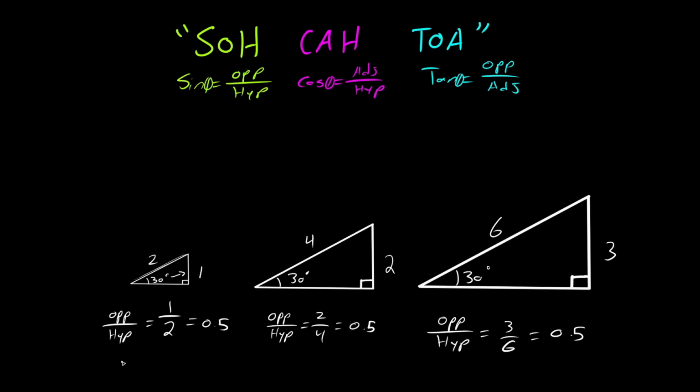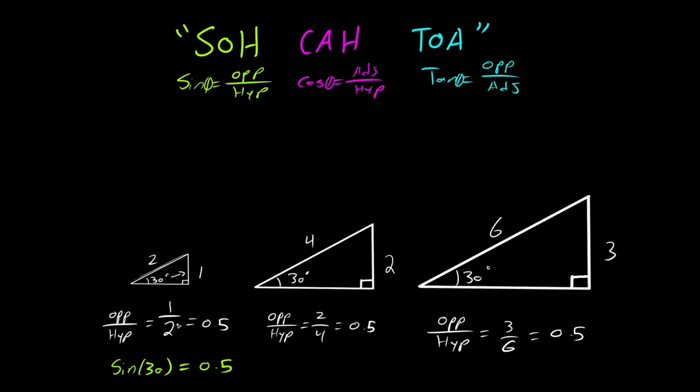What we can conclude is that sine of 30 is equal to 0.5. Again, what this is really saying is that if you have an angle of 30 degrees, no matter how big or small you draw this triangle, the ratio of the opposite to the hypotenuse will always be 0.5.